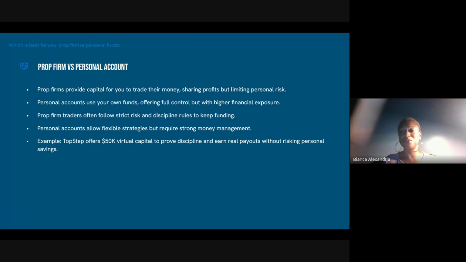But I do encourage it, because as you're practicing and learning, worst case scenario, you blow an account and you have a 50K virtual account that you are working on getting funded, and those accounts cost $49. Worst case scenario, you blow the account, you lost the $49.